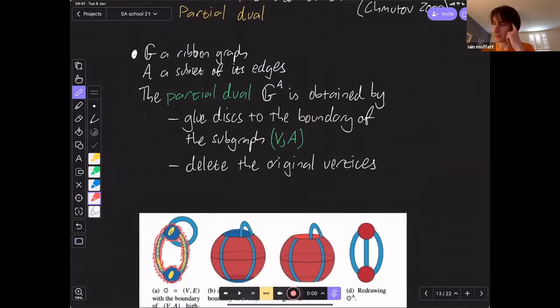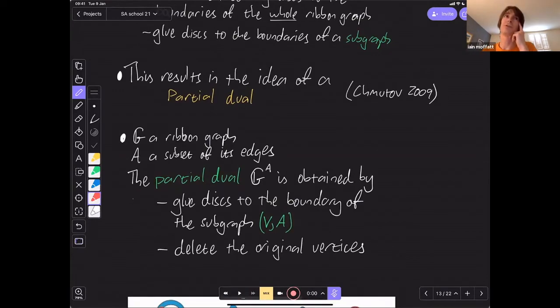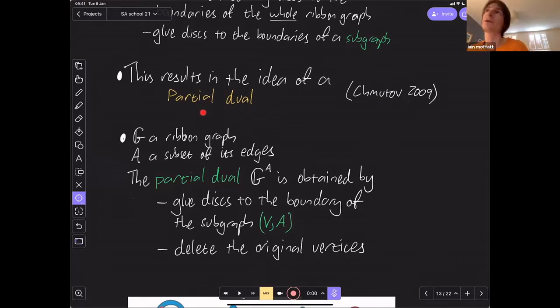gives you what's called a partial dual. And the idea of a partial dual, which is due to Sergei Shmutov from 2009, is that you want to form the dual of the ribbon graph, but only with respect to some of the edges.